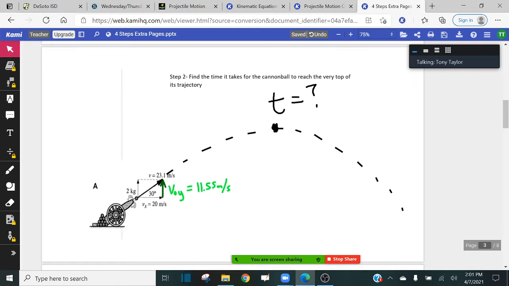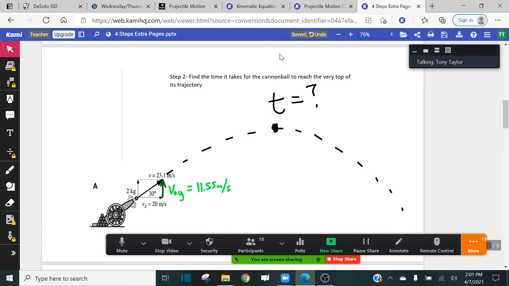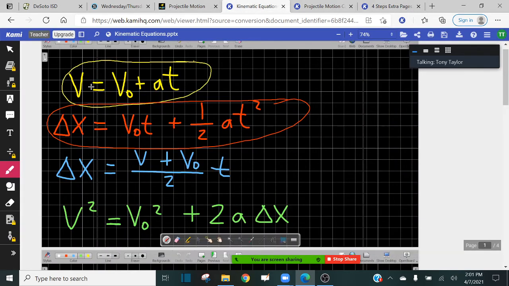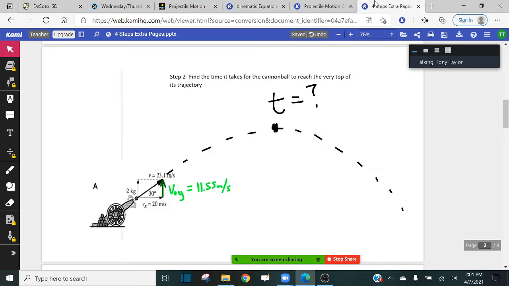So how are we going to find it? Well, that's where this equation right here comes in. You see this equation that says final velocity is equal to initial velocity plus acceleration multiplied by time. We're going to use this equation to solve for the time it takes to get to the very top.